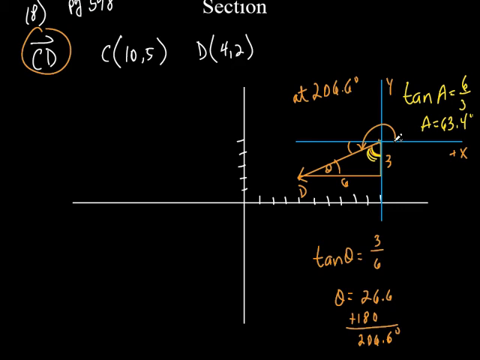From here all the way to there is how many degrees? 270. And then what would you do with that 63.4? Just subtract it. So it would be the same as the other way. The other way, we just took 26.6 and added it to 180, correct? This way, we took the 270 and we subtracted 63.4 from it. It's the same amount of work. It just depends on which one you would like to do.